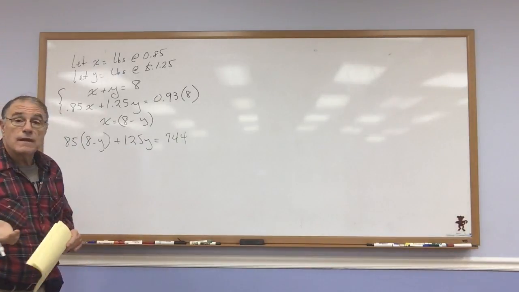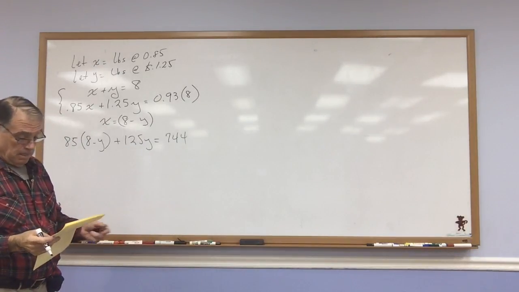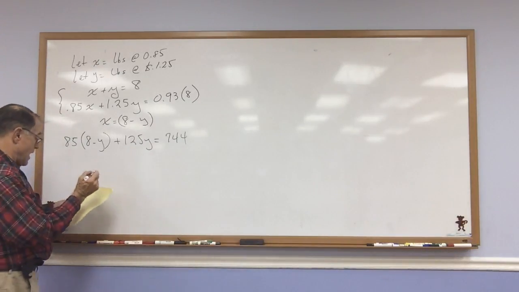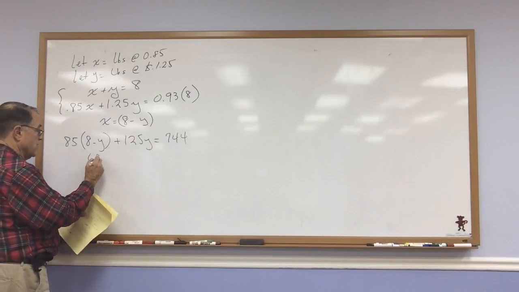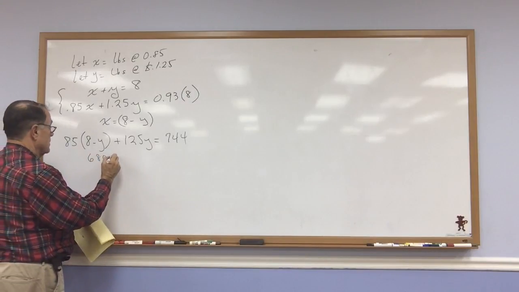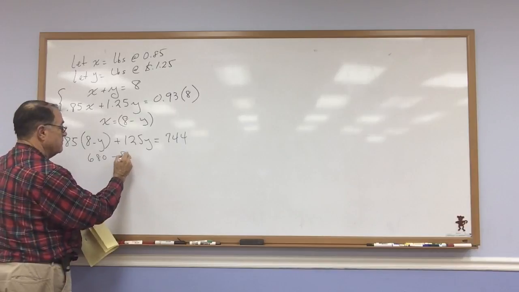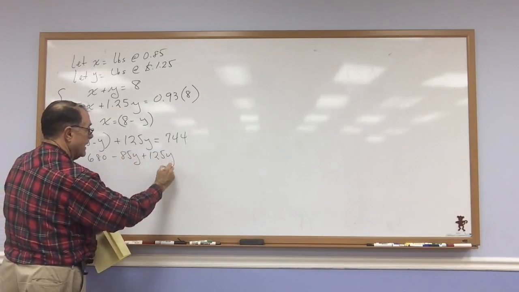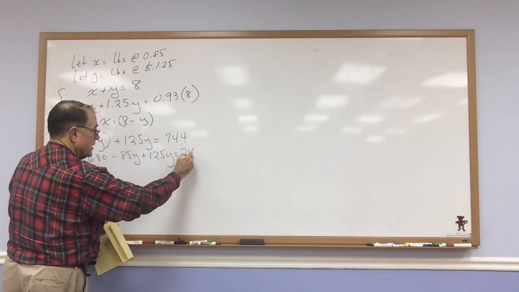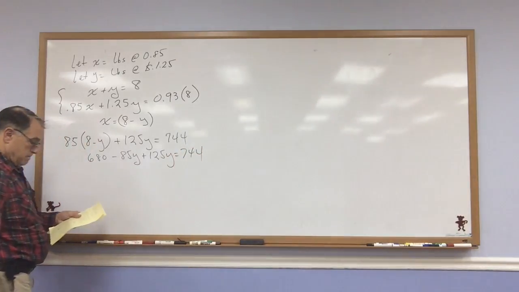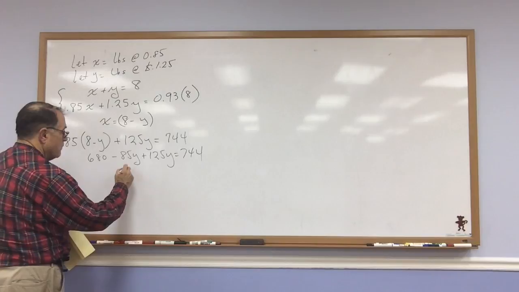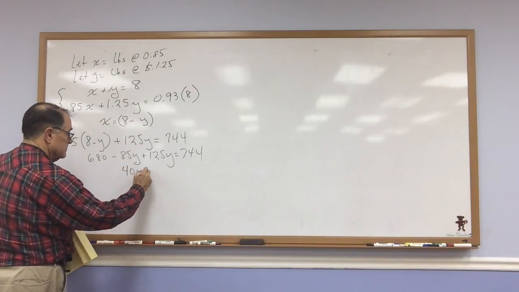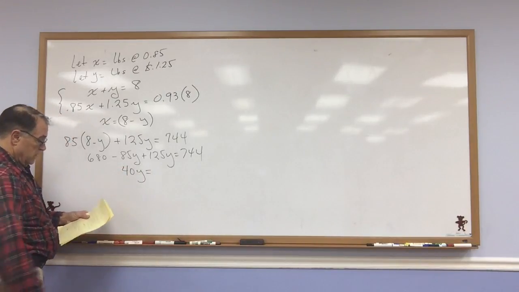I'll distribute the 85, and I'll solve for Y. So 680 minus 85Y plus 125Y equals 744. And so 40Y will equal 64.